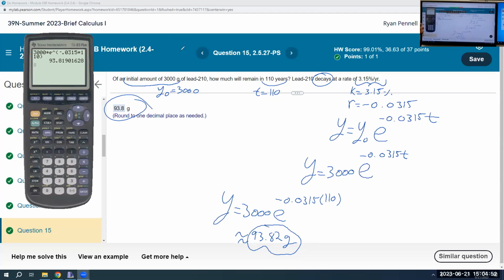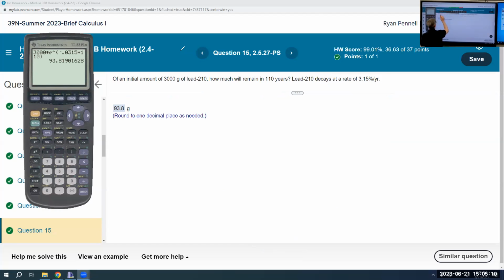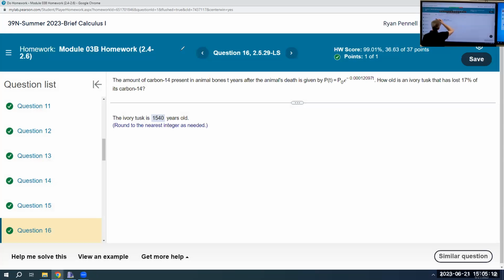Any questions about that one? Let's see what 16 brings me. The amount of carbon-14 present in animal bones t years after the animal's death is given as this function.